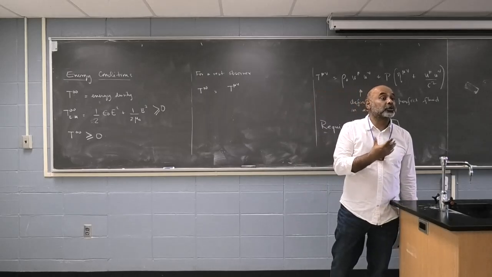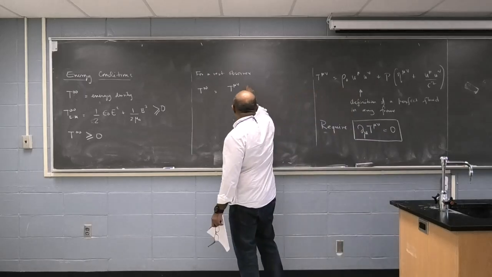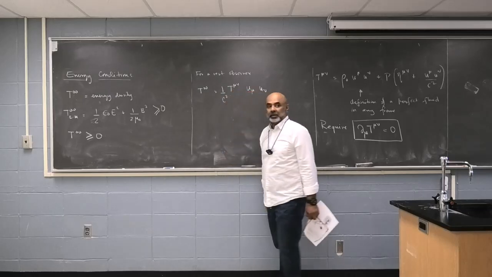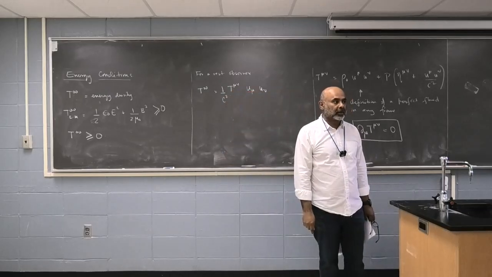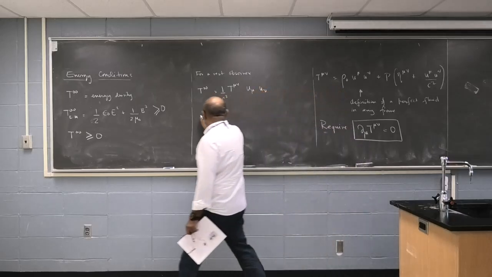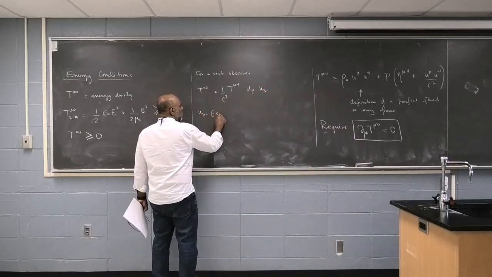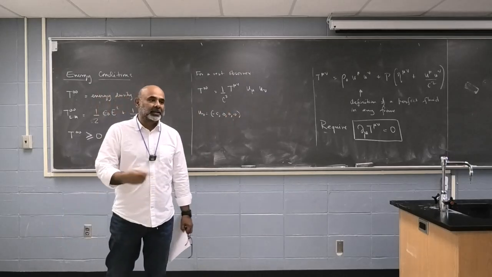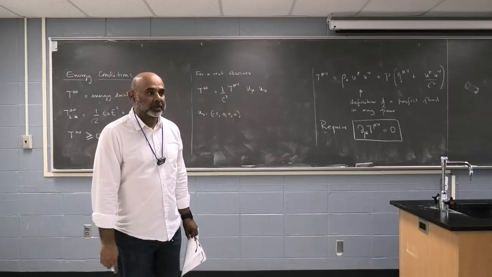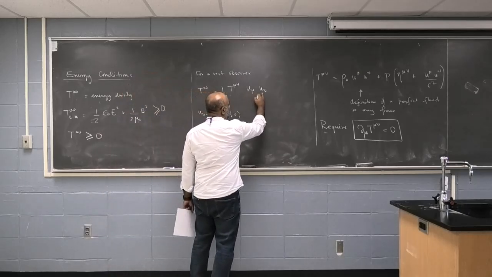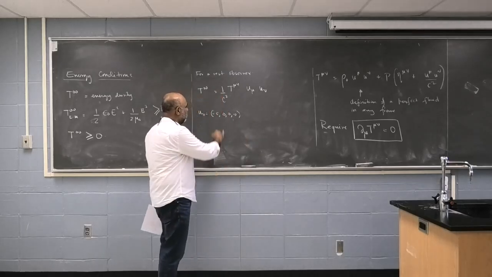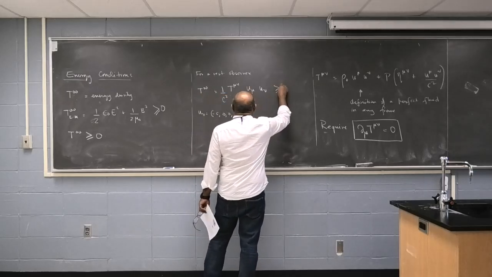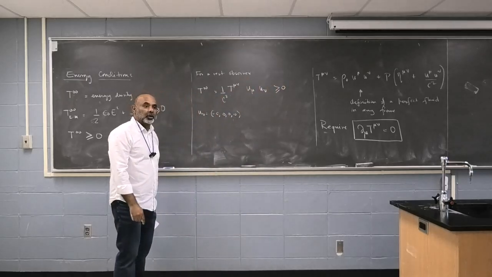I should write it as a true scalar. Isn't that true? Because what is u nu? Minus c, 0, 0, 0. But minus c times minus c becomes c squared, then I cancel the c squared. This is true for a rest observer.